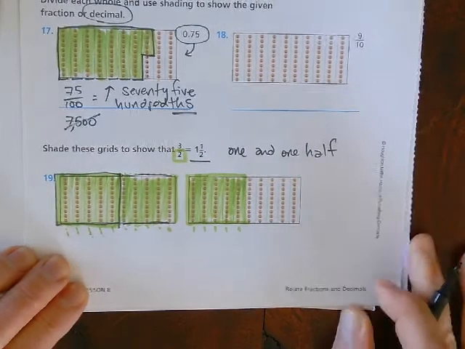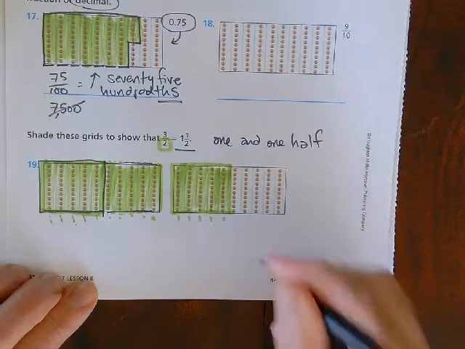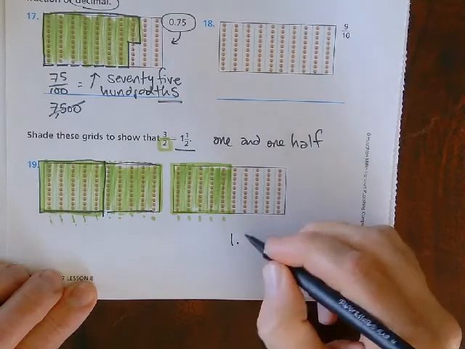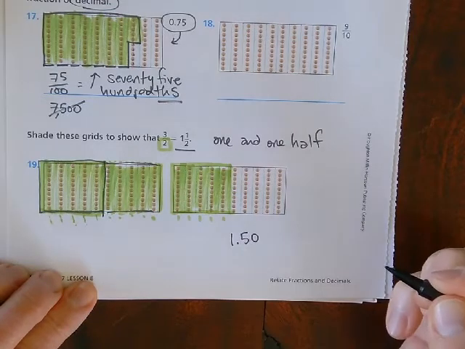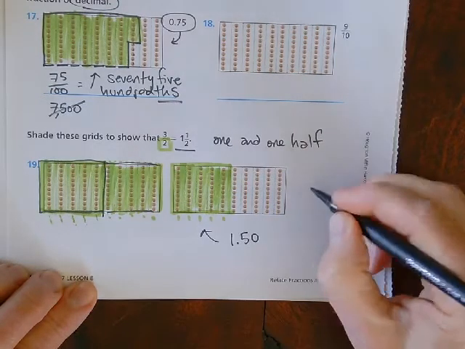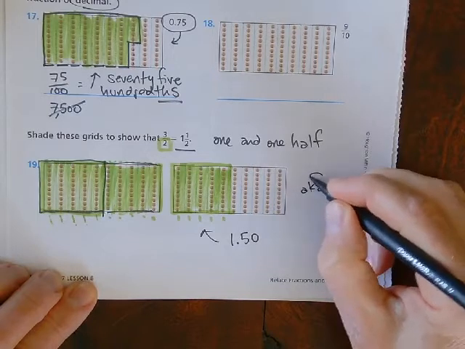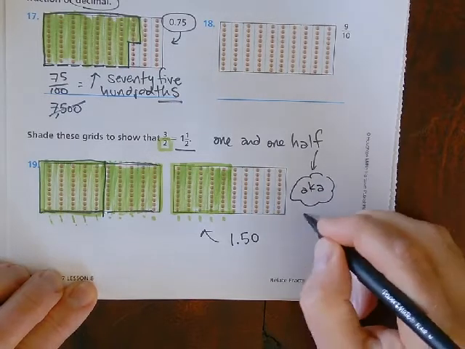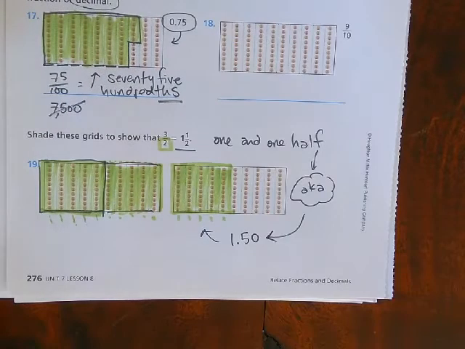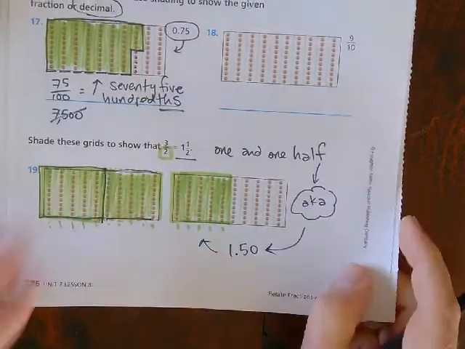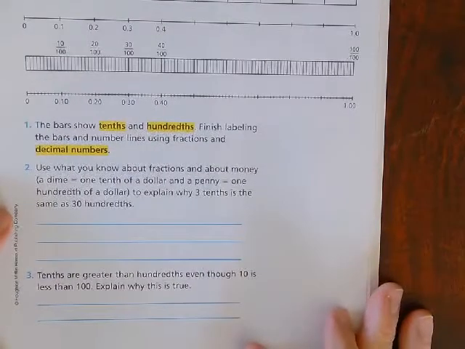One and 1/2. And 1.50. Also known as. All right, so that's it for now.